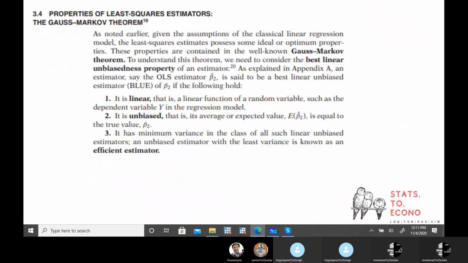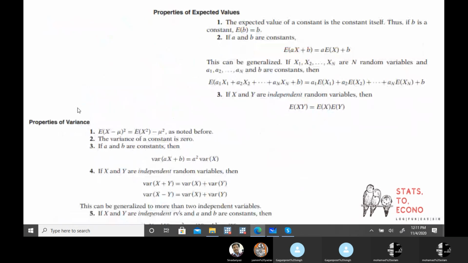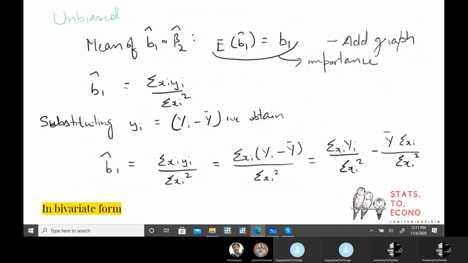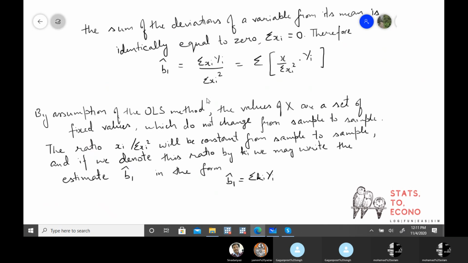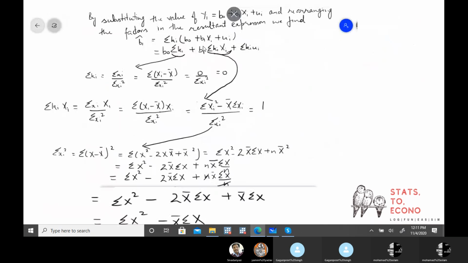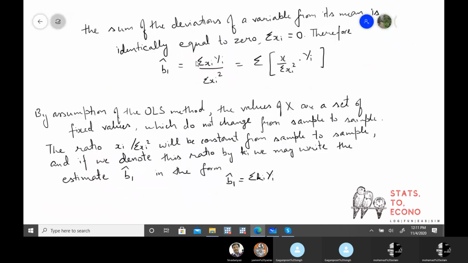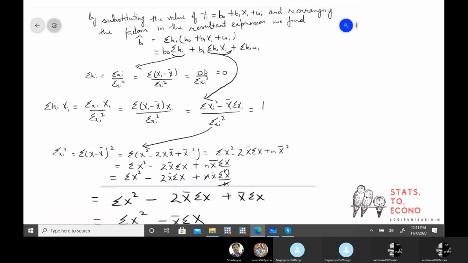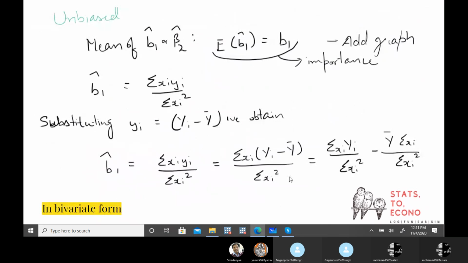It is the second property of this Gauss-Markov theorem: linear and unbiased. Now, again, just in brief, here again we use this particular value because we know that in the yi only this beta 1 will appear, and that's why we opened this particular equation.